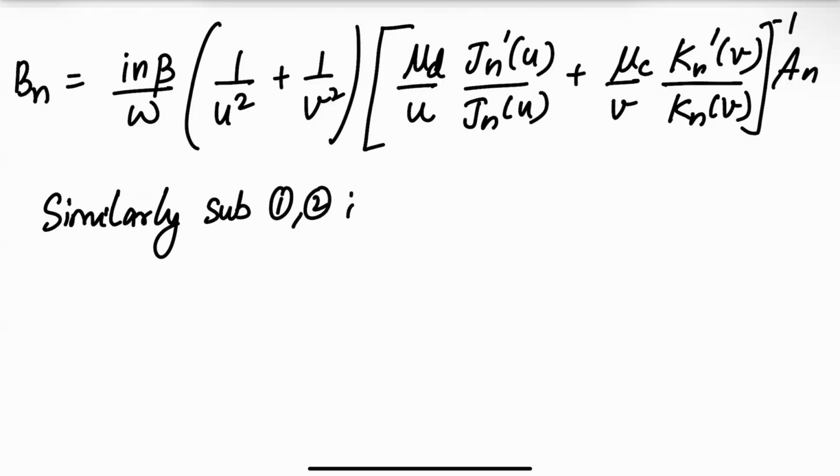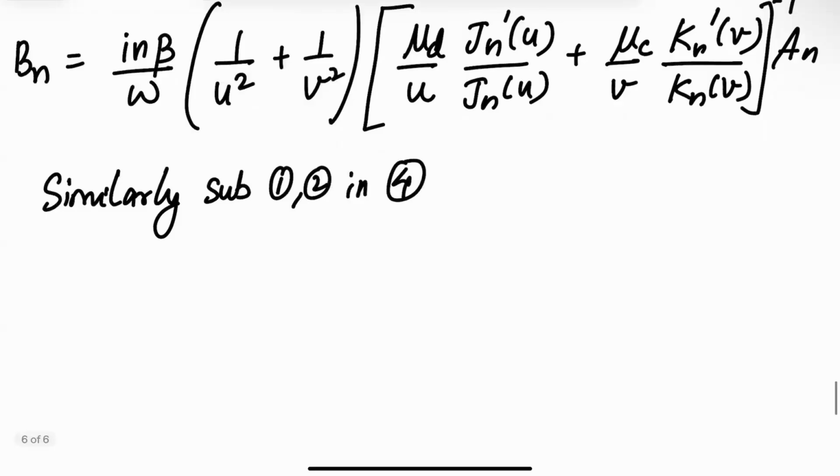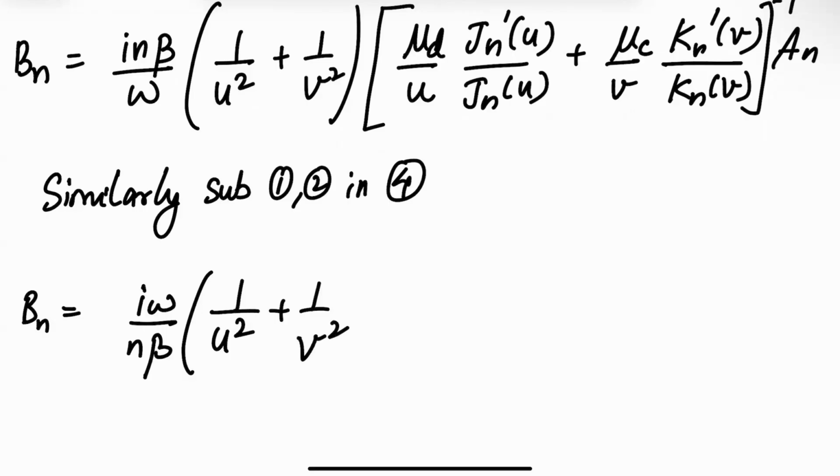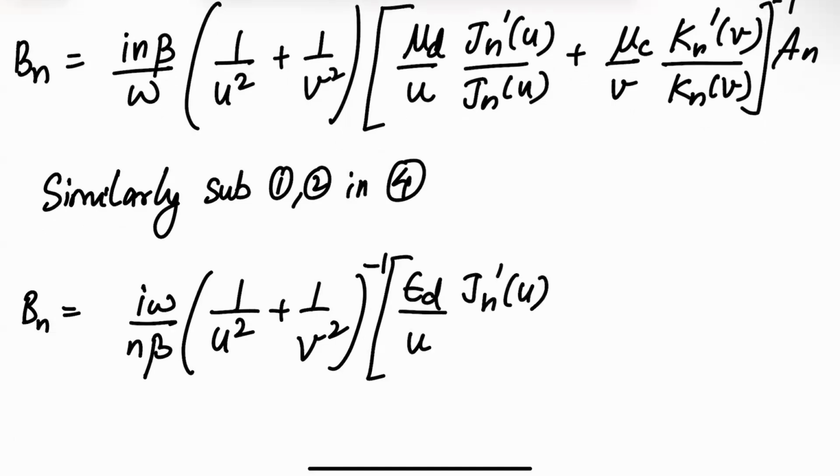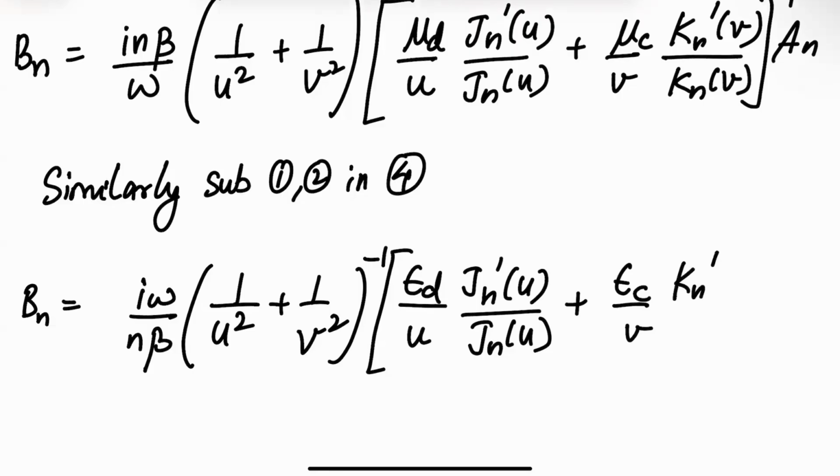Okay. Similarly, if you substitute 1, 2 and 4, you end up with another relationship between Bn and An, which is Bn equal to i omega over n beta times 1 over u squared plus 1 over v squared, inverse, times epsilon d over u, Jn prime u over Jn u, plus epsilon c over v, Kn prime v over Kn v, times An.